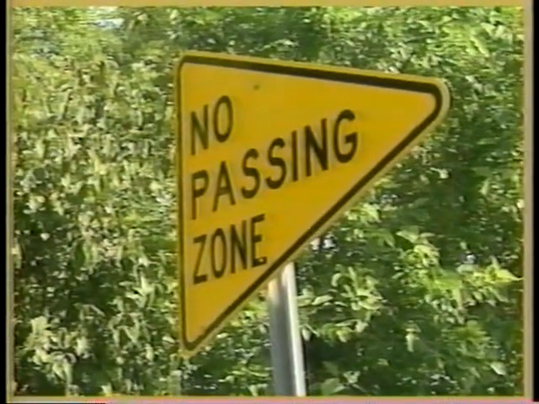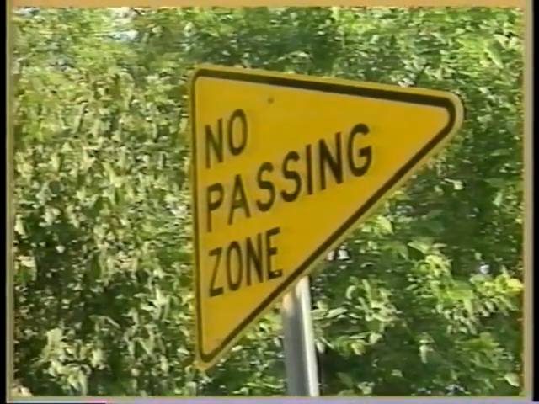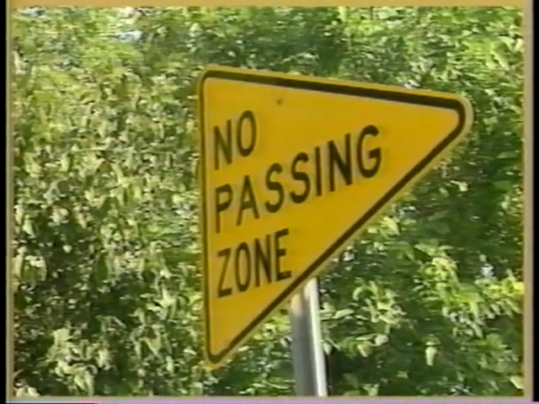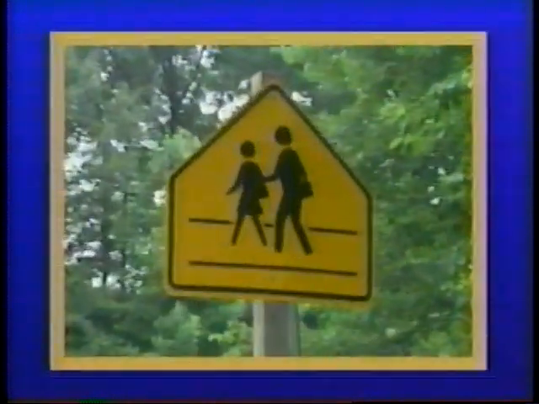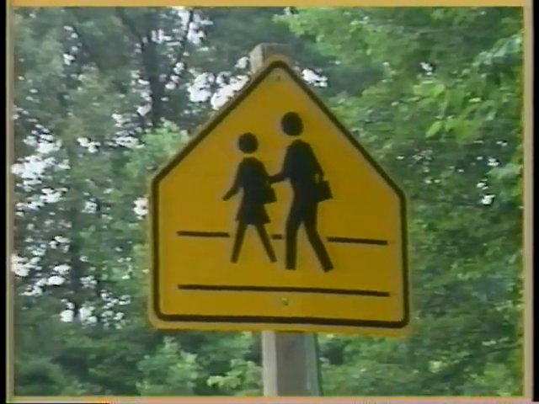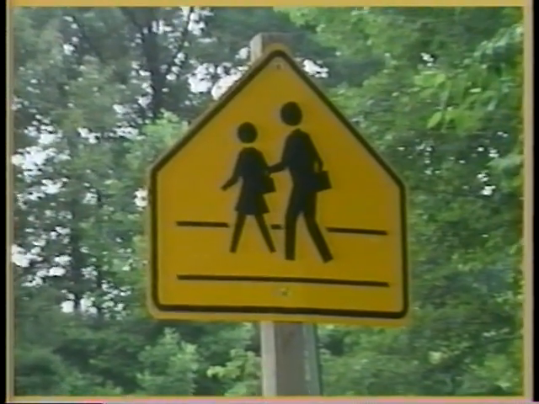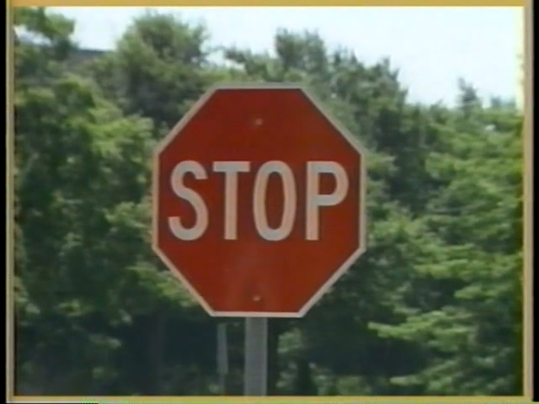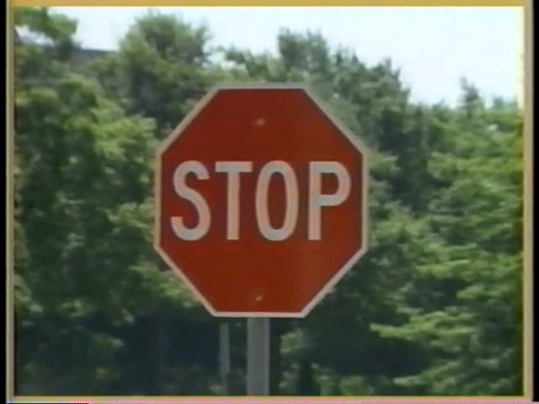A pennant shape with the longer part horizontal is used only in the U.S. for no passing zone warning signs. A pentagon with a point up is also used only in the U.S. for school and school crossing signs. The octagon is the familiar and unique shape for stop signs.